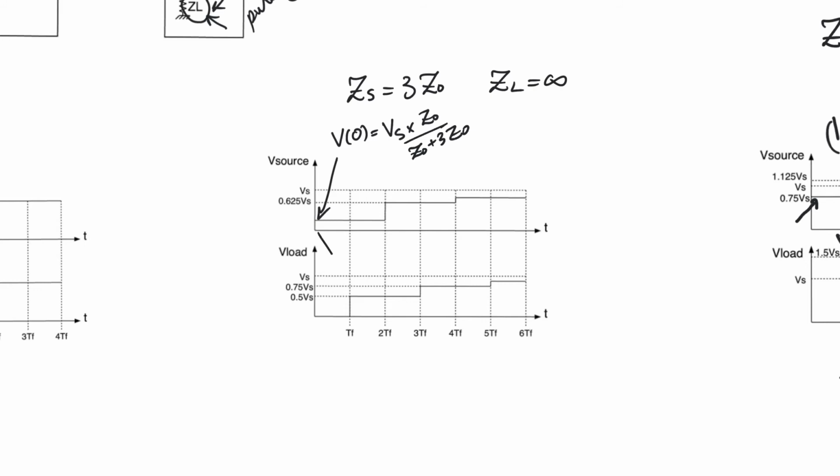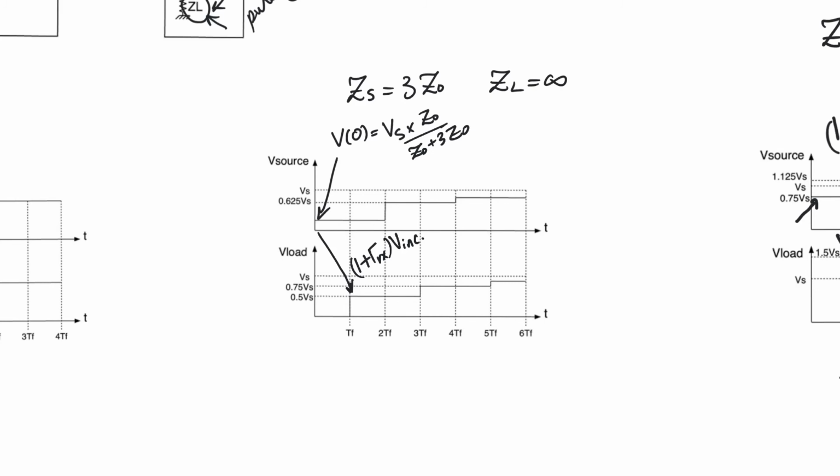When this reaches the load after some time, you will not observe 0.25. You're going to observe more than 0.25. You're going to observe 1 plus gamma Rx V incident. And since V incident is 0.25 and gamma Rx is equal to 1, you're going to observe a 0.5 Vs at the receiver.